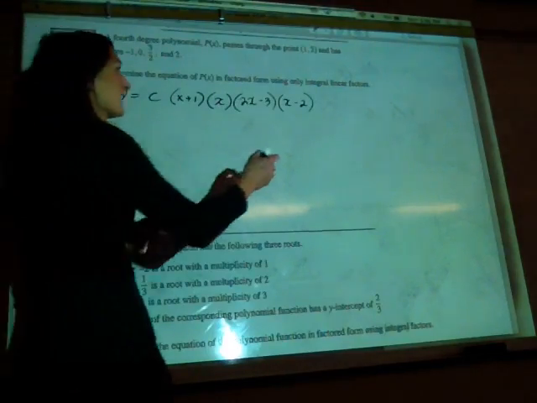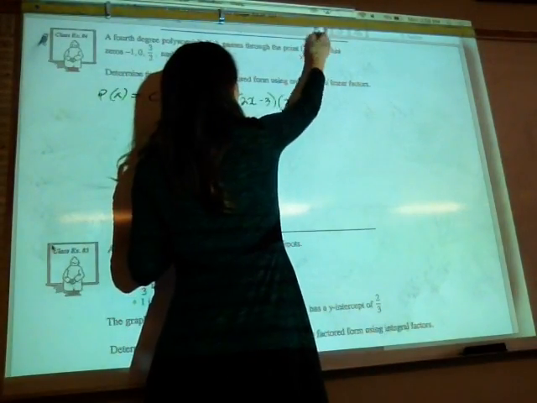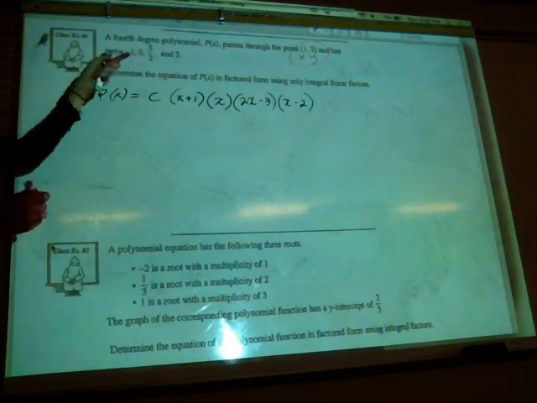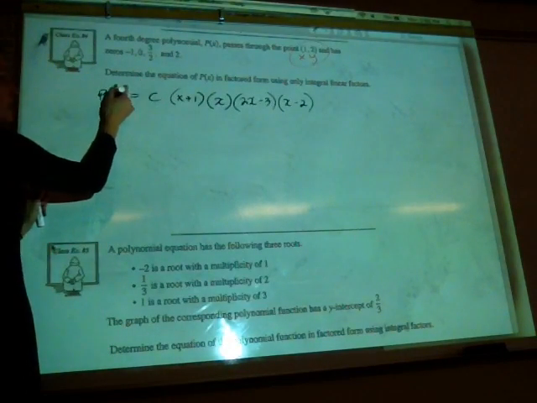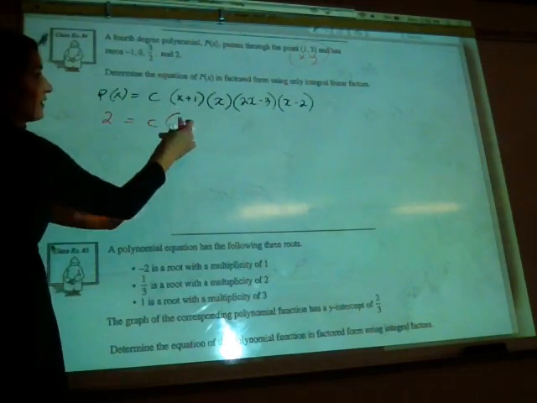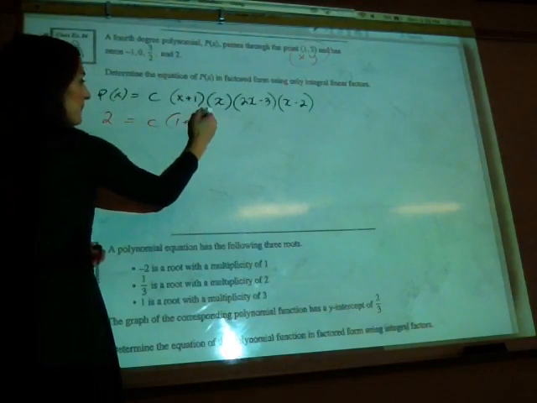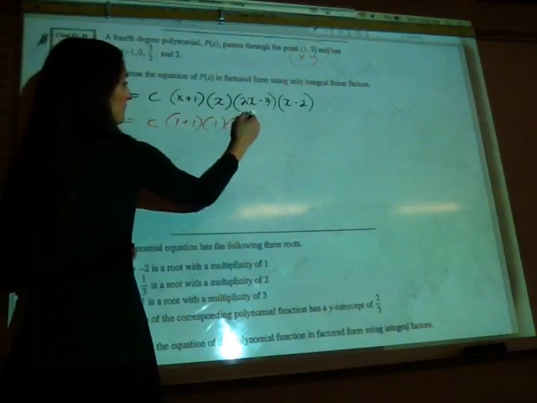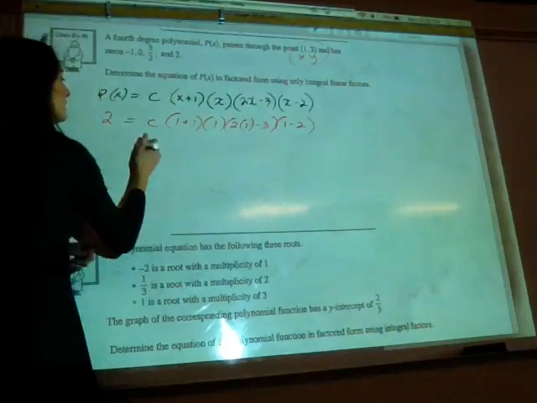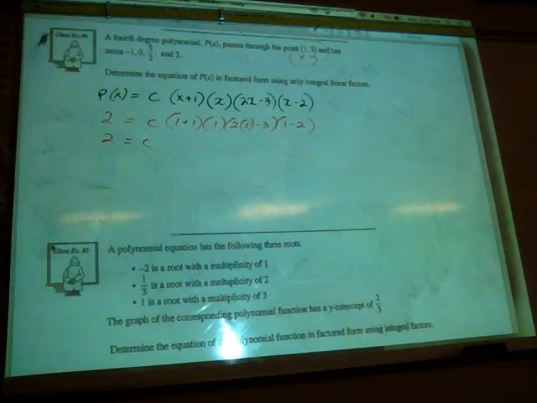Okay, we have a point, x, y here. We've got to replace the x and y in this equation with the point. Okay, so this is like a y equals, yeah, here. So 2 equals c, and all the x's will be replaced with the 1. So let's solve that out.